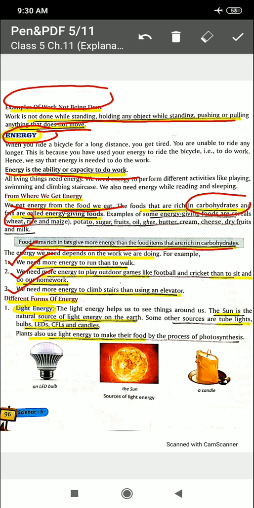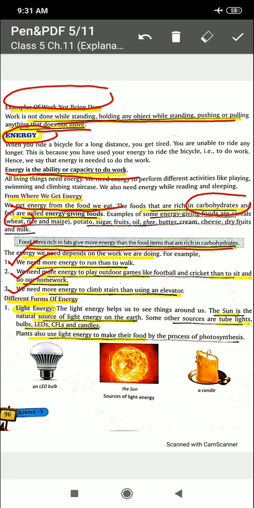So to climb up and down the stairs, we need more energy as compared to using a lift or an elevator. So you can observe numerous examples of spending energy in your daily life, and you can easily analyze for which type of work you need less energy and for which type of work you need more energy. Like for example, right now you are sitting and observing this YouTube video.